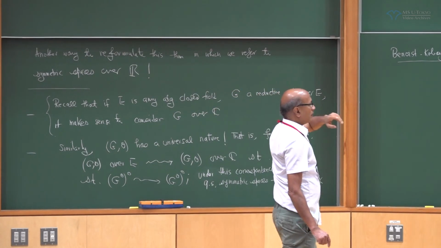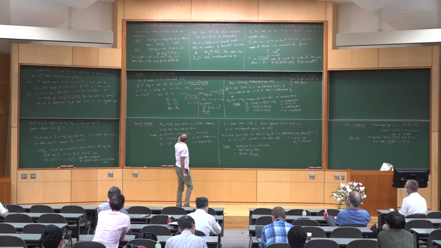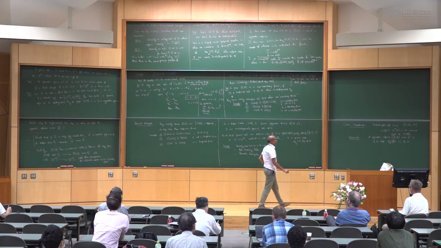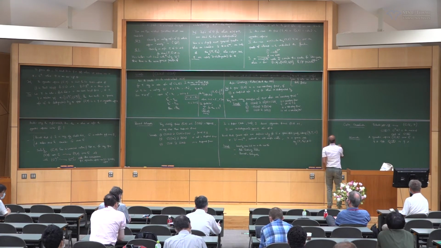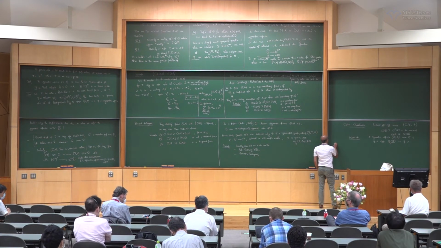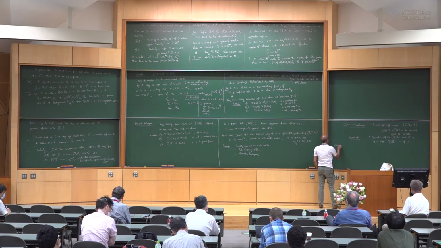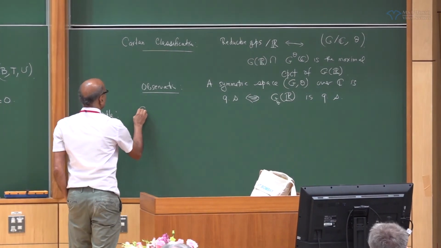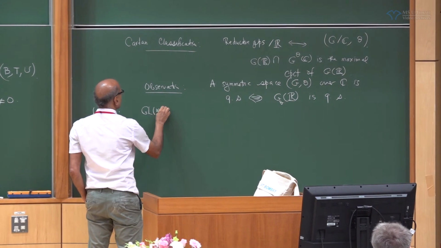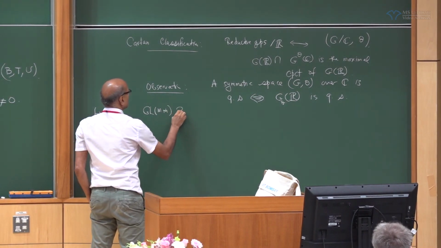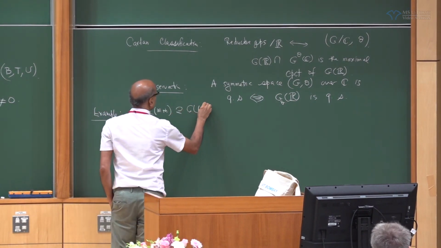And now I will quickly run through these examples. So example, in the case of GL(m+n) containing GL_m cross GL_n.